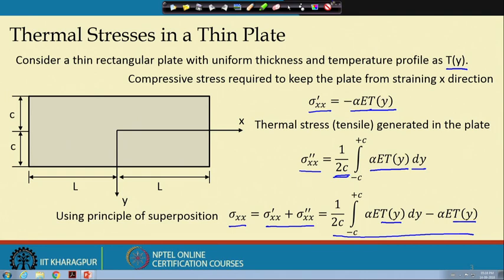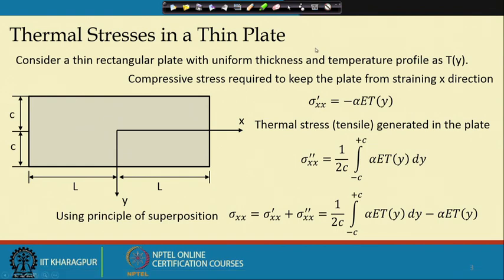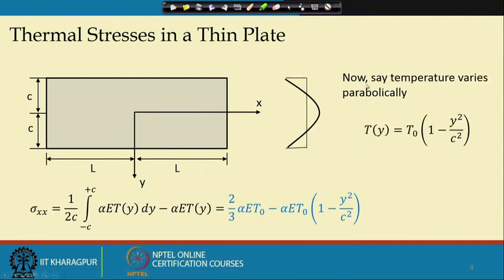So now let us assume some profile of the temperature essentially, and then let us see how it looks. So let us now consider the temperature varies parabolically. So it's a parabolic equation or something like that.